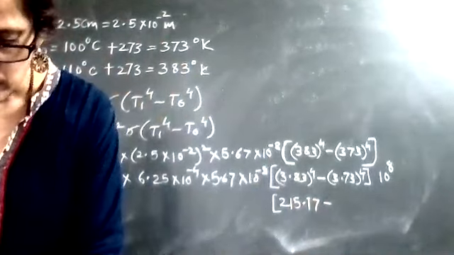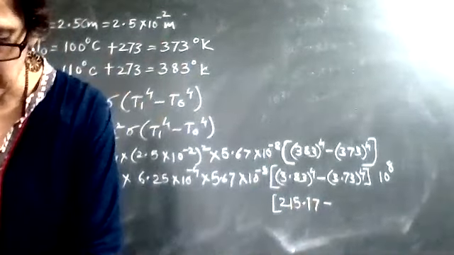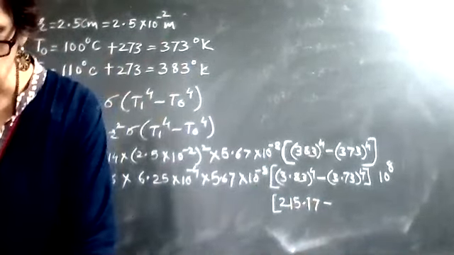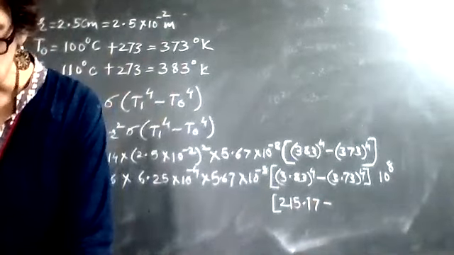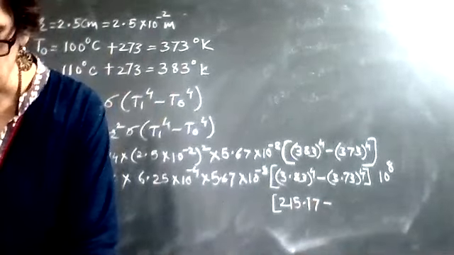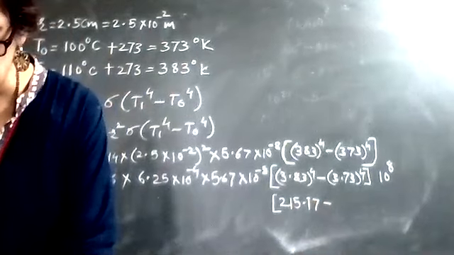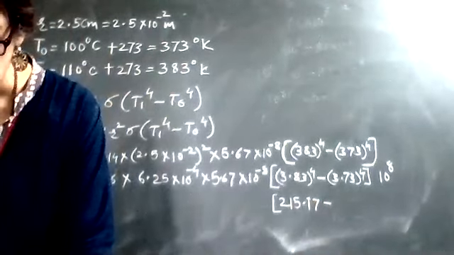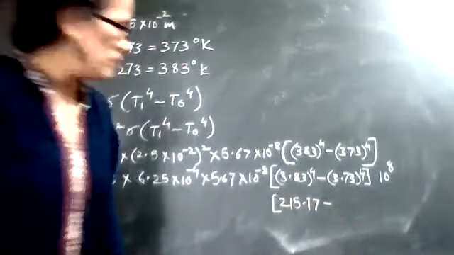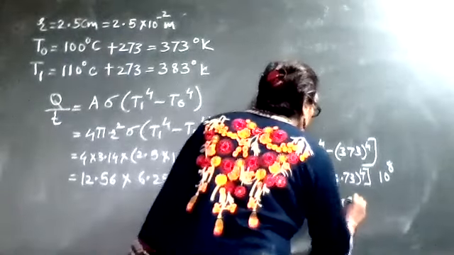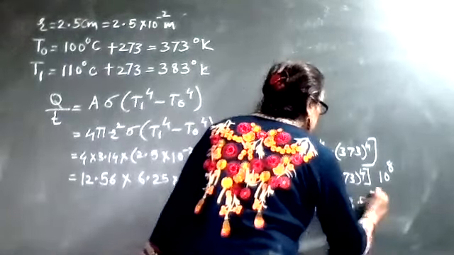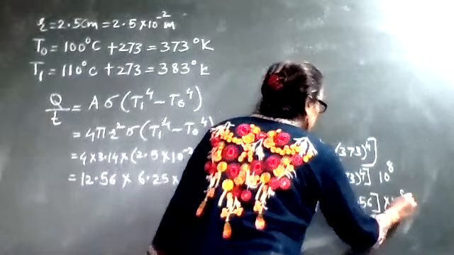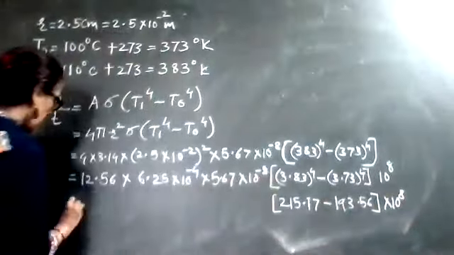Okay, now 3.73 multiplied by 3.73 multiplied by 3.73 multiplied by 3.73. So it is 193.56. 193.56 into 10%. And all this goes on like this.